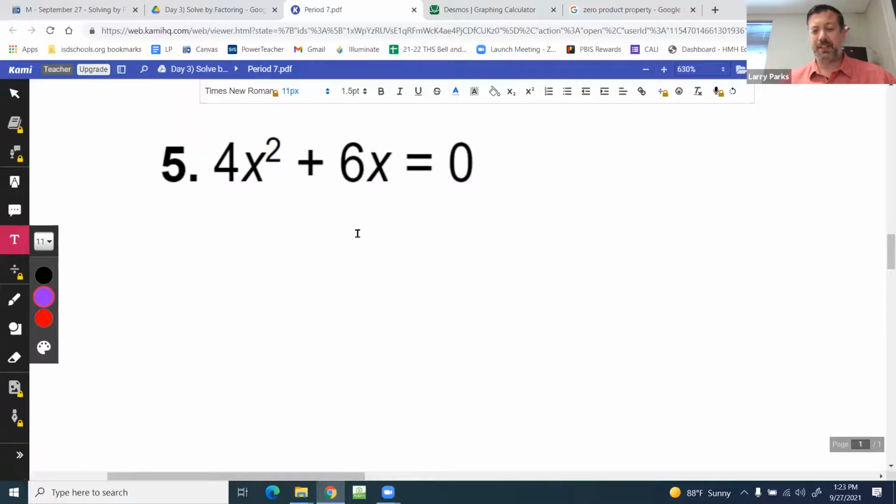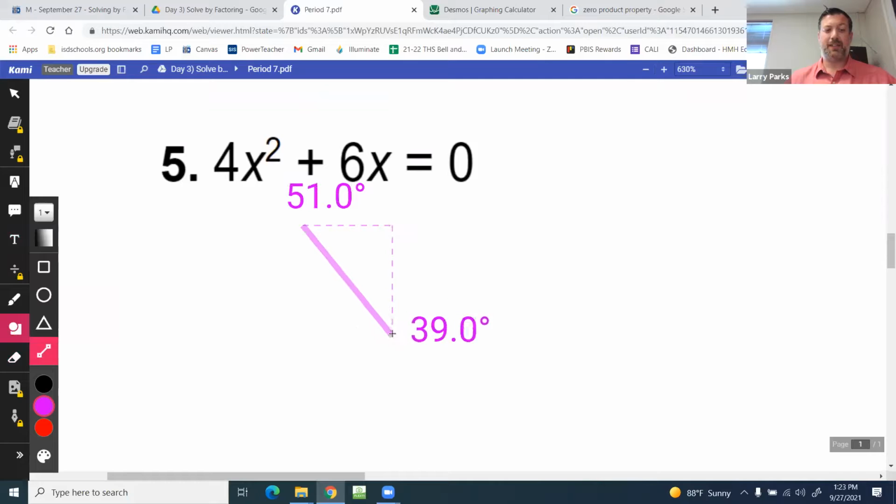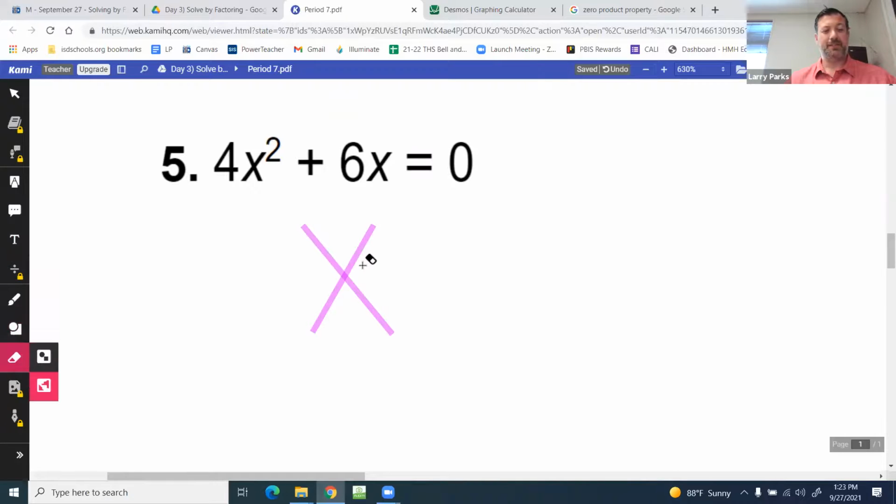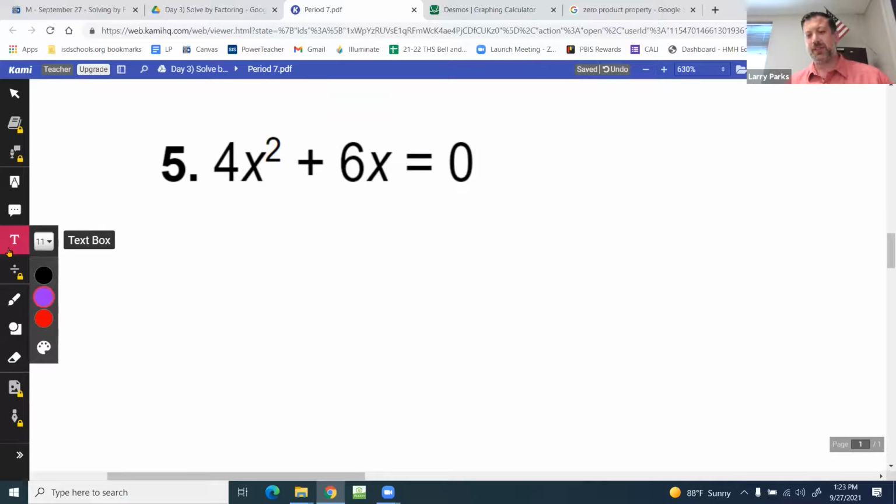Number 5, it's already in standard form. You might be tempted to start with this. However, you can only do that when there's 3 terms. We only have 2, so you cannot do that. So when I see 2 terms, you should be thinking difference of 2 squares.